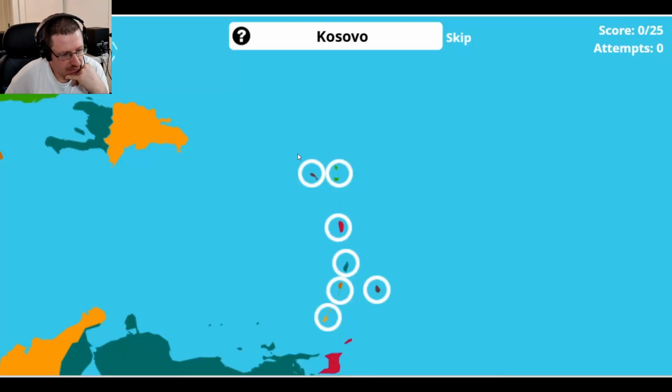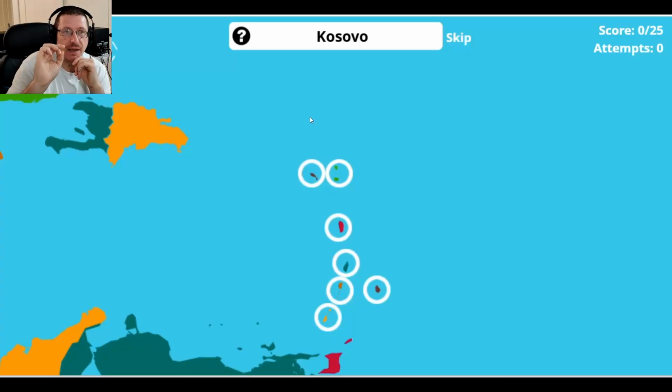What else is here? I might be missing something. So, Saba, St. Bartholomew. Oh, St. Martin and St. Maarten. It's part of the same land, but it's cut in half. One is owned by France. The other one is owned, I think, by the Netherlands.